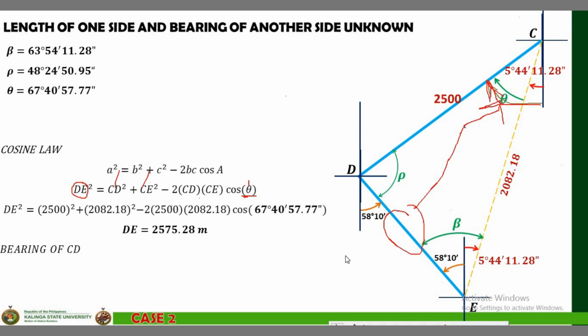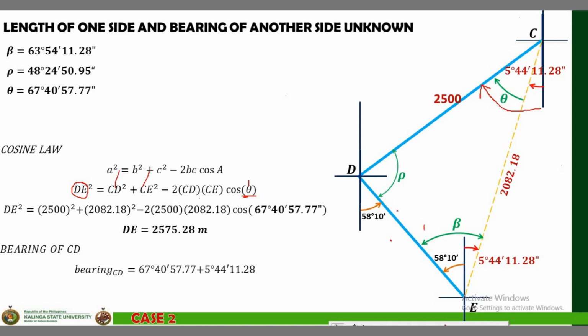Now, if I'm going to take or compute the bearing of CD, if you try to look dito sa may angle, dito sa may part ni C, ni point C, andyan yung bearing of CD. So, how will I solve for the bearing of CD? Diba, sabi natin kanina, ito yung bearing ni CD. So, how will I solve that one?